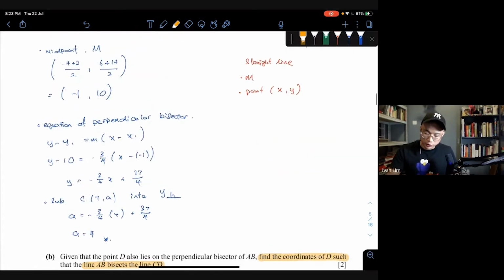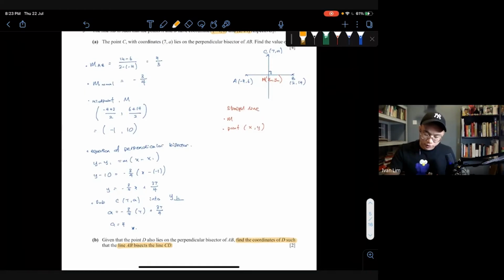So if we go back to the diagram, AB is the bisector of CD. That means CD has the same midpoint as AB. Now AB is the perpendicular bisector of CD, so they are perpendicular bisectors of each other.